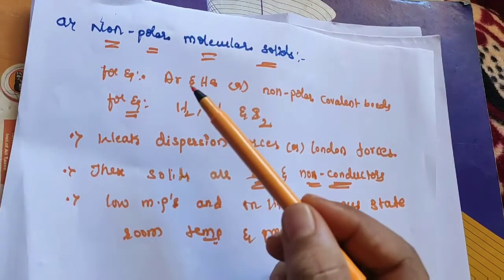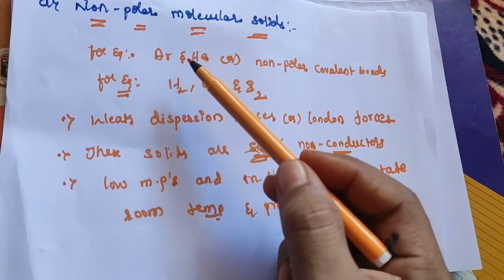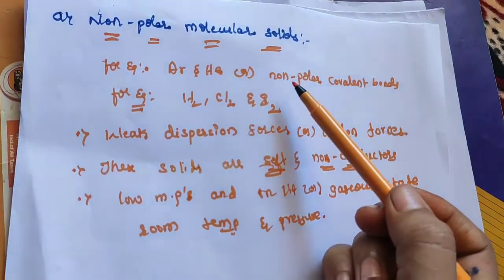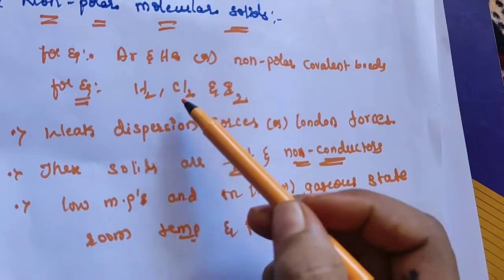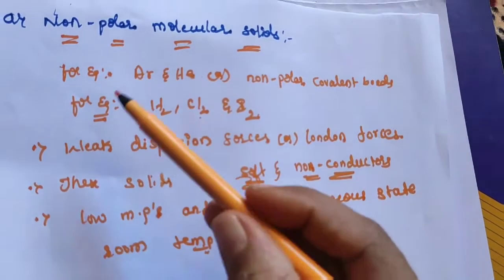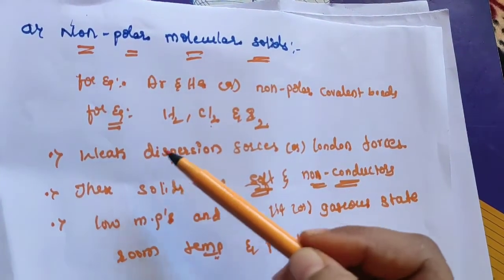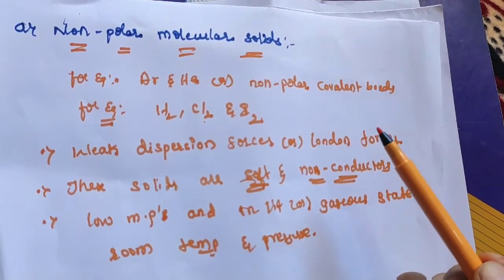To recap, nonpolar molecular solids are formed from atoms like argon and helium, or molecules with nonpolar covalent bonds like hydrogen, chlorine and I2, held by weak dispersion forces, also known as London forces.